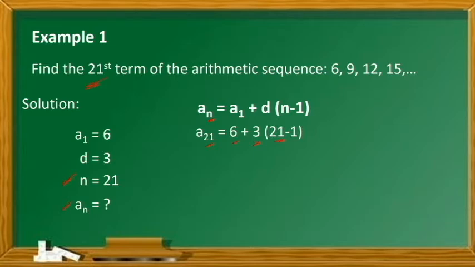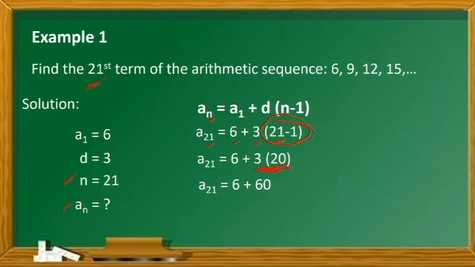So we have now a sub 21 is equal to 6 plus 3 times the quantity of 20. So 20 is the difference of 21 minus 1. Continuing the solution, we have a sub 21 is equal to 6 plus 60. 60 is the product of 3 times 20.